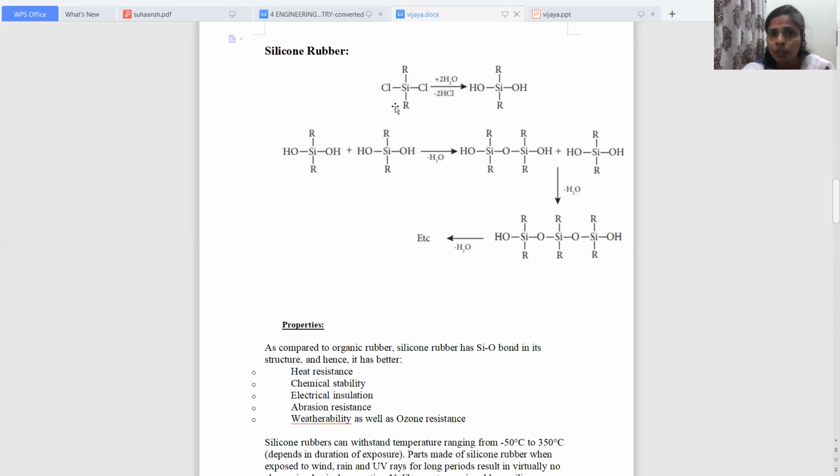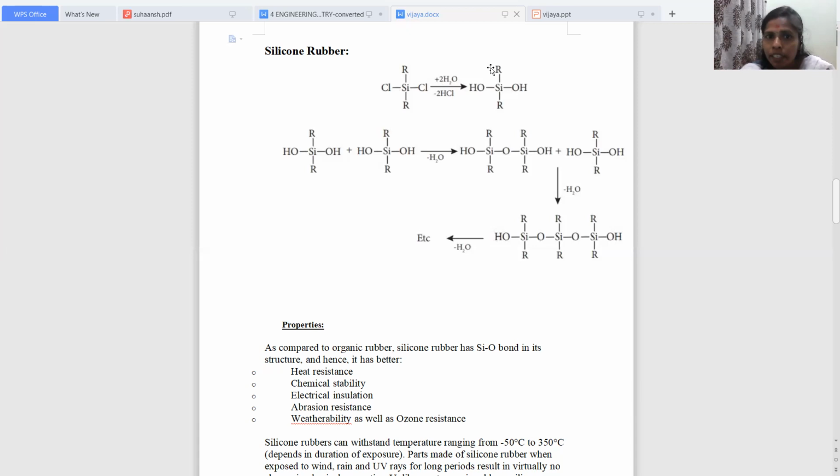This is due to the hydrolysis of dichlorodialkyl silicones. So how are the dihydroxy dialkyl silicones synthesized? On hydrolysis, the chlorine groups are replaced with OH minus ions. That means Cl minus is replaced with OH minus ions. So in the place of Cl, we have the OH minus ions.